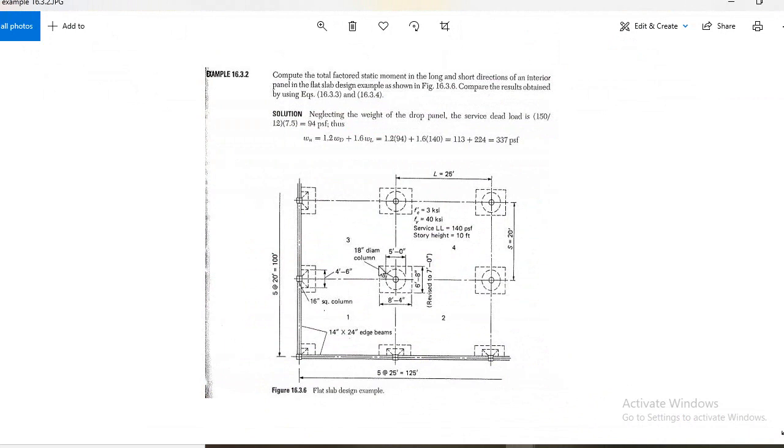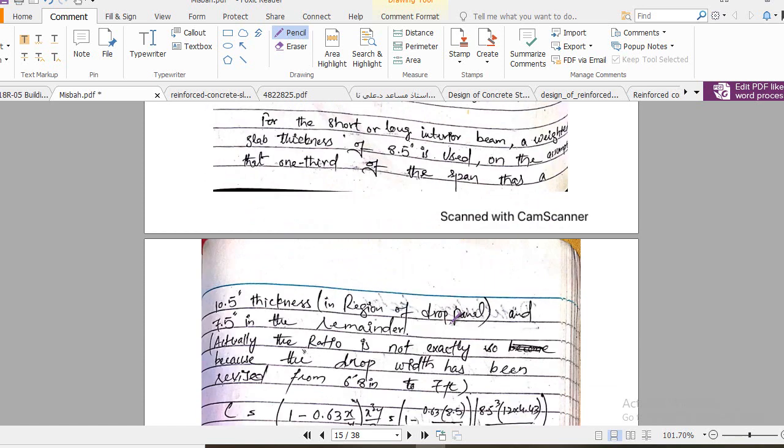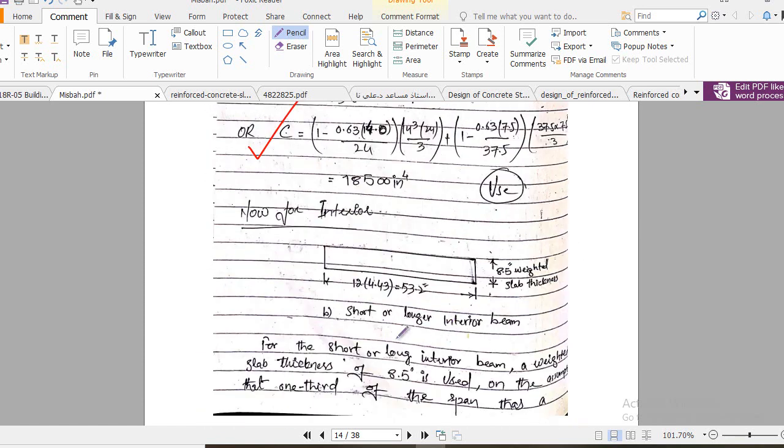But here in this region and here in this region, it is about 8.5 inch. So the thickness is more in the column region, but the thickness is smaller in the panel region. So that's why we will be using a little bit of an average thickness of the slab. So this concept is basically explained here.